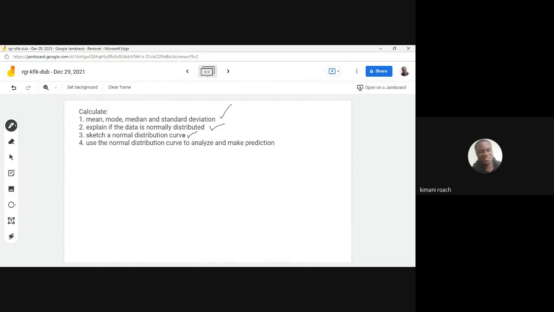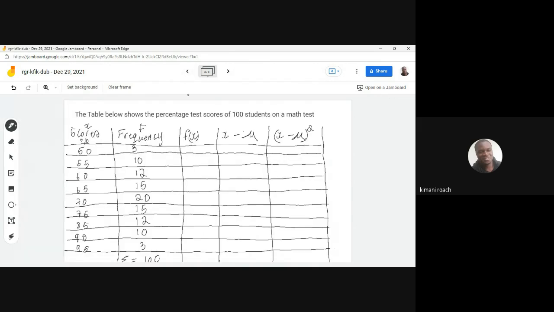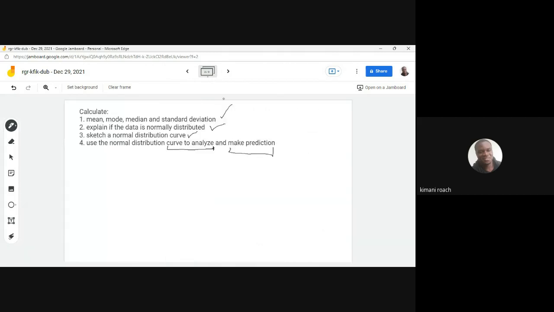And then we want to use this curve to make some simple analysis and show you how, when we have a normalized data set, we can use this to make simple predictions.